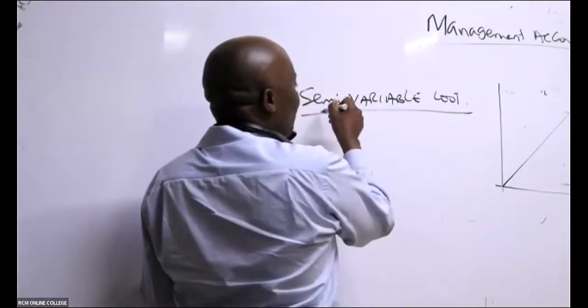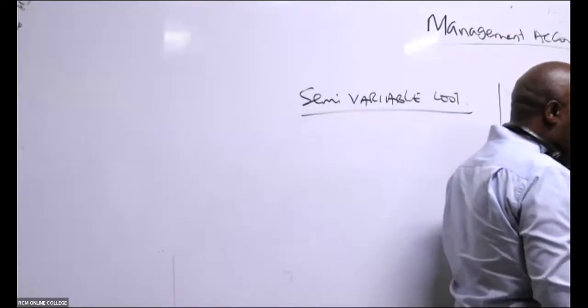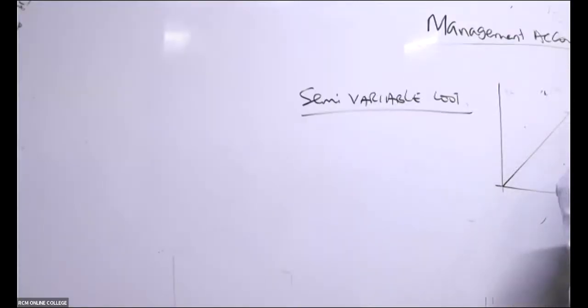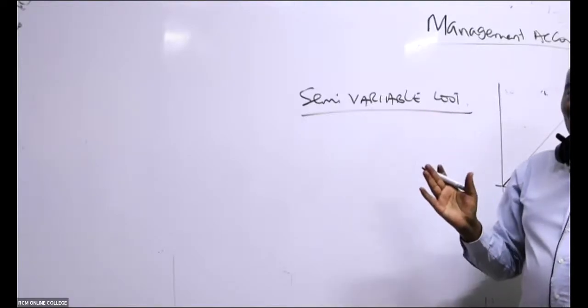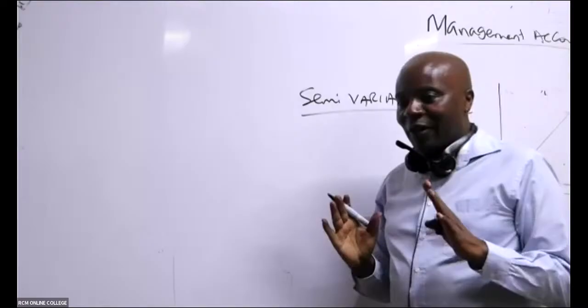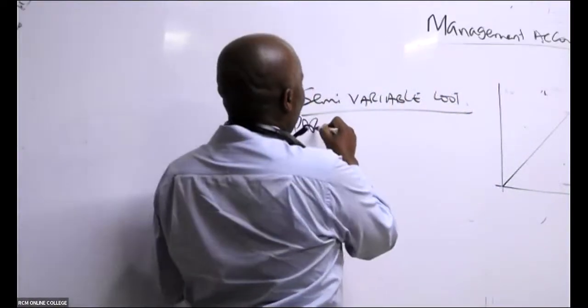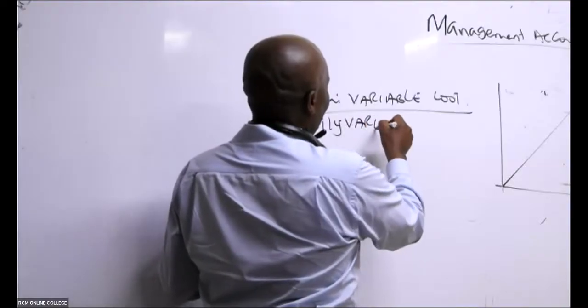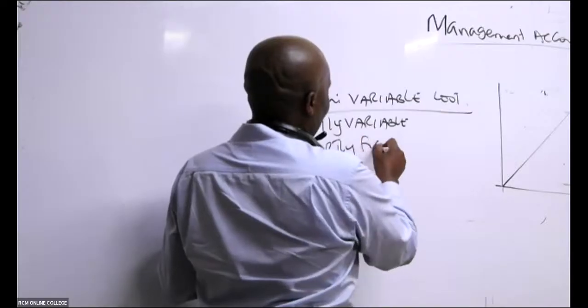Semi means, for those of you who play football, like half time. So semi-variable costs are partly variable and partly fixed.